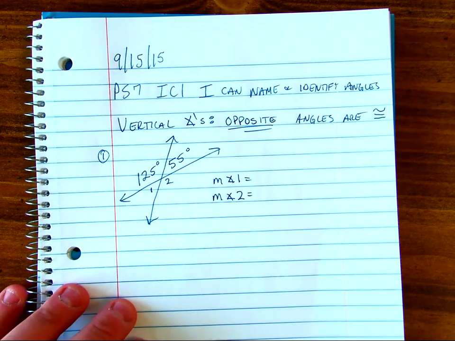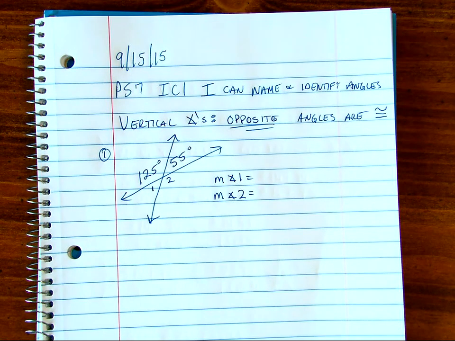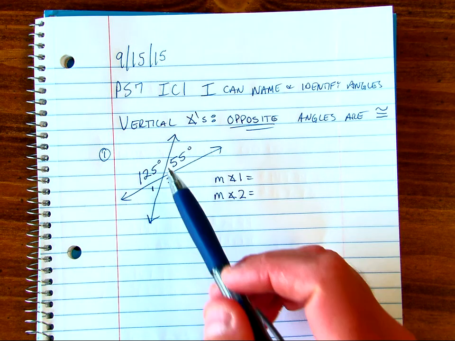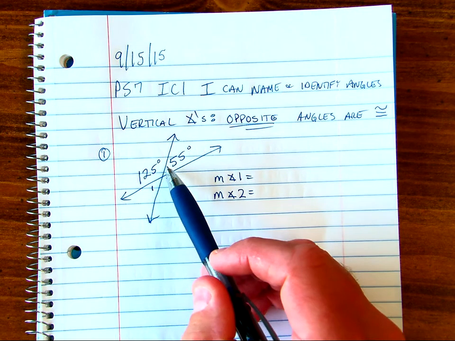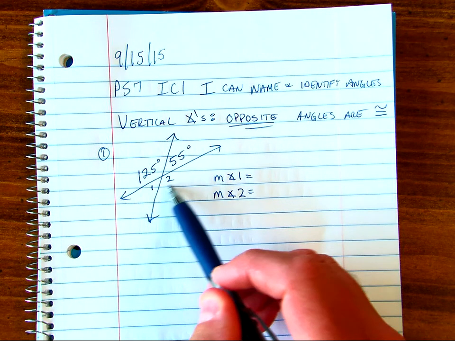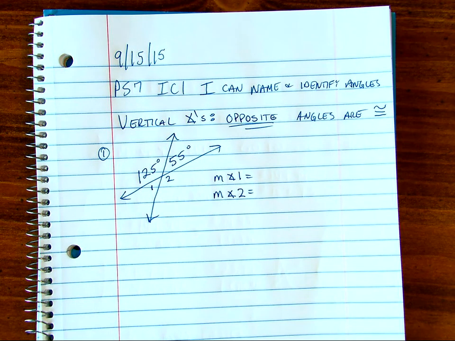We discussed yesterday that when two lines intersect, 4 angles are formed. And what's the sum of all 4 angles, Olivia? No, what's the sum? S-U-M. What's the sum of all 4 of these? 360 degrees.